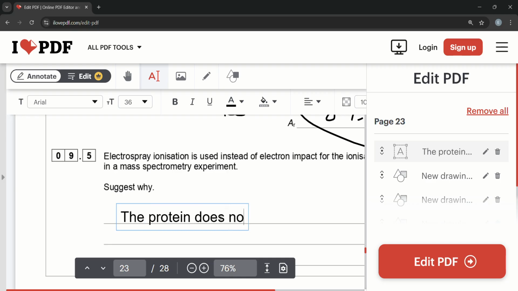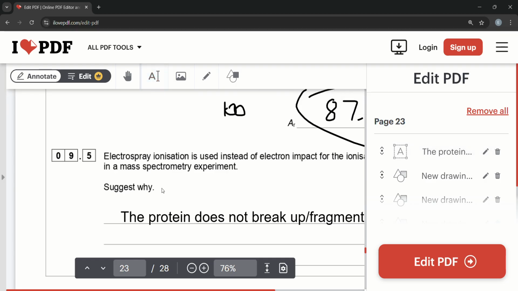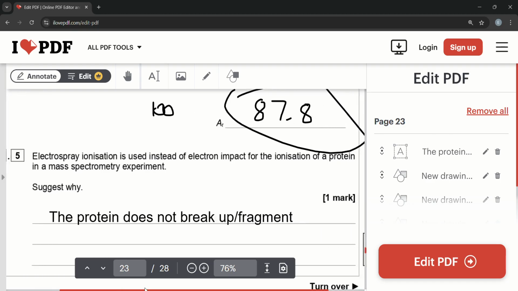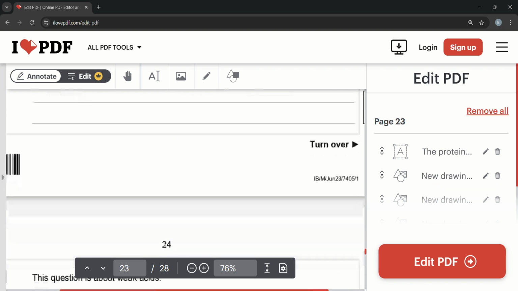The protein does not break up or fragment. That's why electrospray ionization is used instead of electron impact for the ionization of a protein, because a protein ion does not break up or fragment. That is the end of question 9.